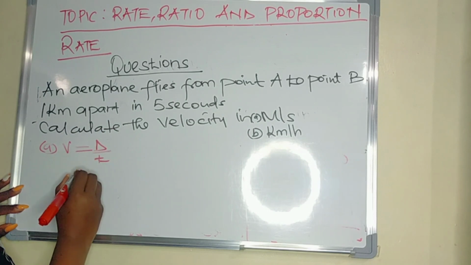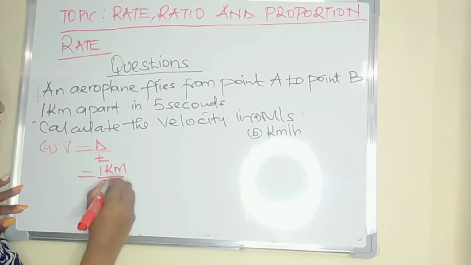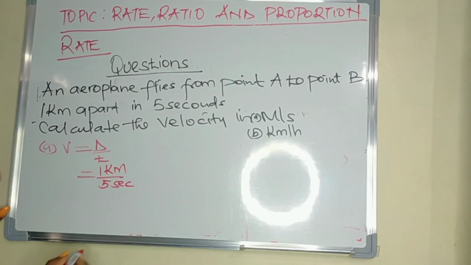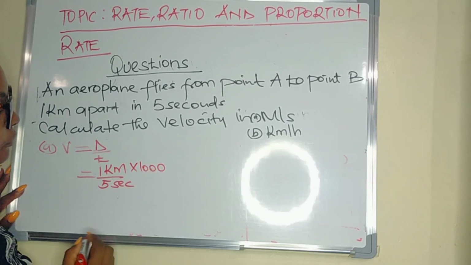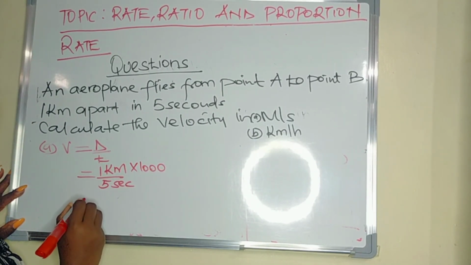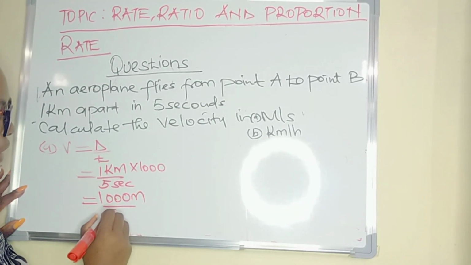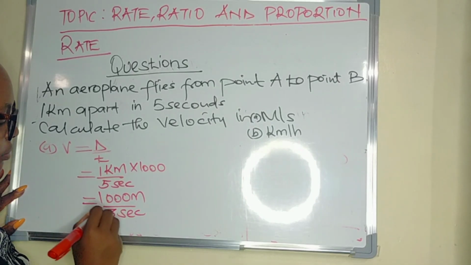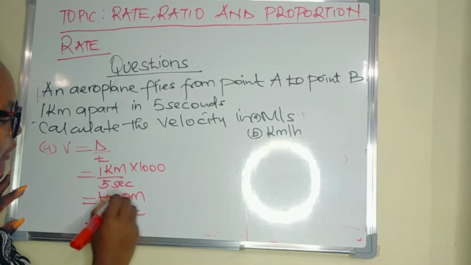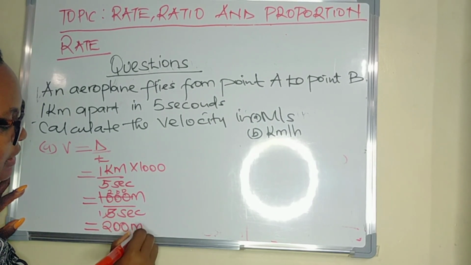Now in our case, our distance is 1 kilometer and the time is 5 seconds. So we must convert our kilometers to meters by multiplying by 1,000. So this is going to be 1,000 meters divided by 5 seconds. So this gives us a velocity of 200 meters per second.